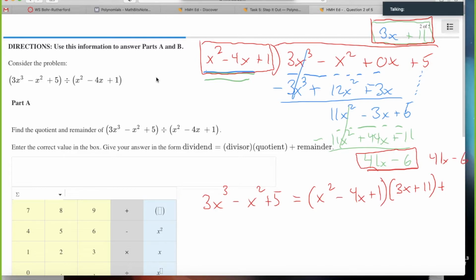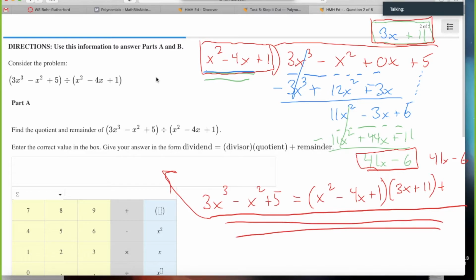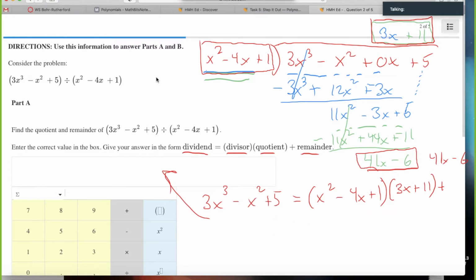Sorry, I ran out of room there. So this is what you would type in. I'm not going to do that because y'all don't need to watch me type. I think that's kind of a waste of your time. But this is what they want our answers in, because it has our dividend, divisor, quotient, and remainder. So there you go. All right, moving on.